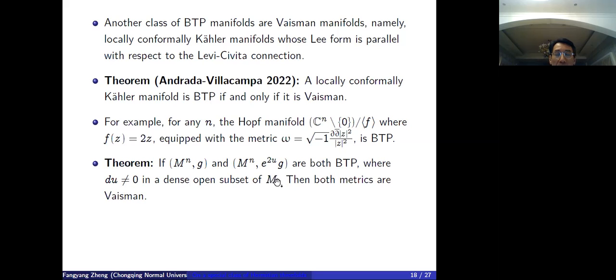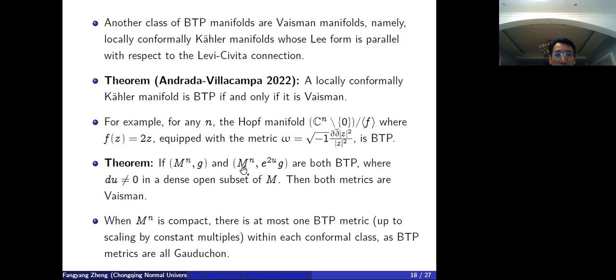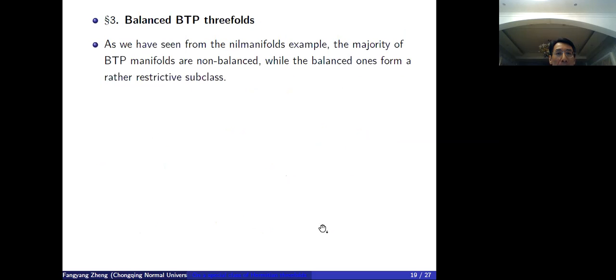And then both metrics have to be Westman. Basically, only in the Westman case can you have non-uniqueness within a conformal class. In the compact case, this is obviously true because BTP metrics are always Gaussian. So a Gaussian metric is certainly unique within a conformal class by constant multiple, right?